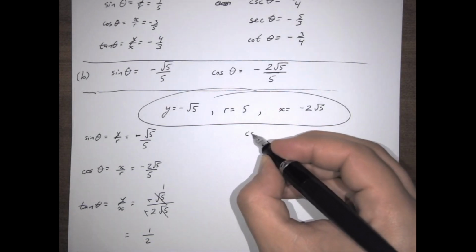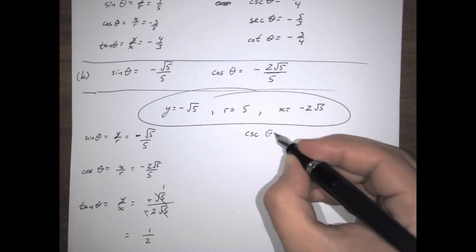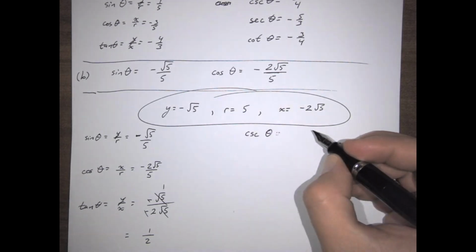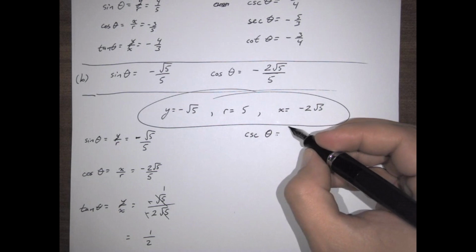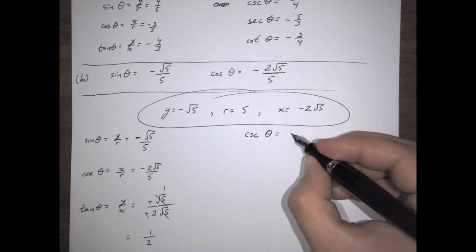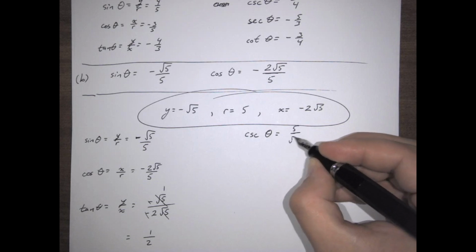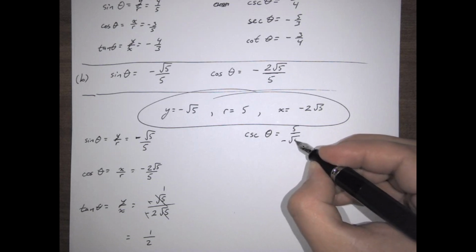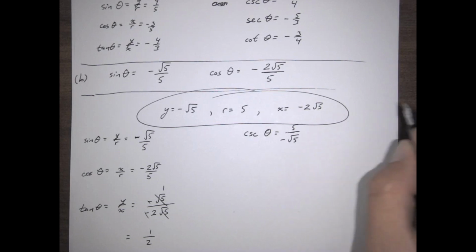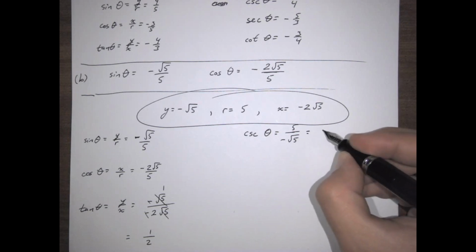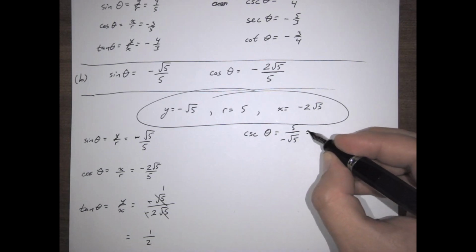All right, now the reciprocal functions, cosecant theta, that's going to equal just the reciprocal of the previous result, so that's going to be 5 on the top and then negative root 5 on the bottom, which we can multiply the top and bottom by root 5.